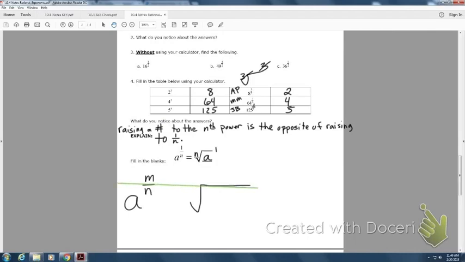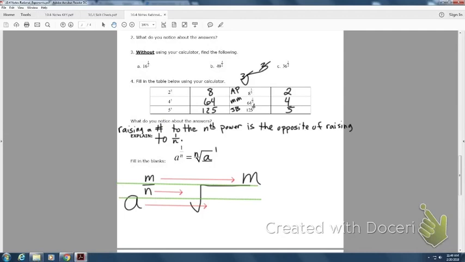If you can think of that rational term in 3 levels, each one of those parts of the fraction in your base is going to stay in that same level, and they're going to go directly across.